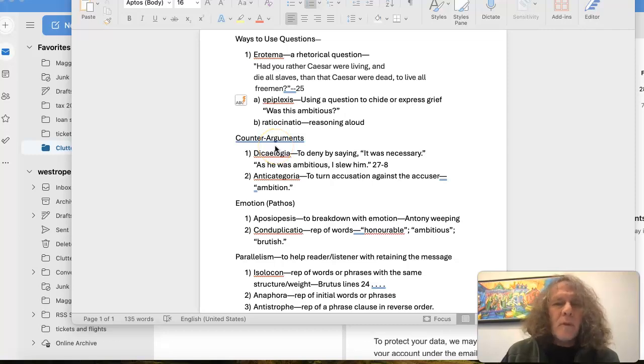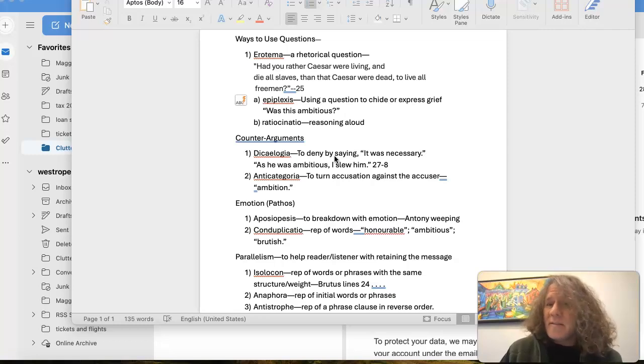For counter-arguments, there again are dozens of devices that are used to state the opposition's position and then deny it, refute it, or prove why yours is stronger. I'm going to point out two that stick out really big in Act 3, Scene 2. One is called dikalogia. This is when somebody makes an accusation against you and you deny that accusation by saying it was necessary.